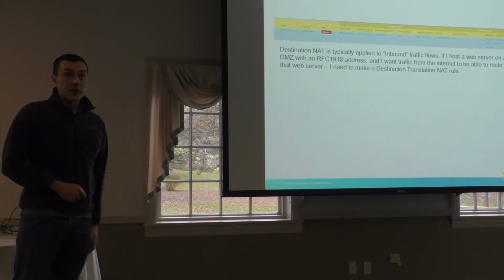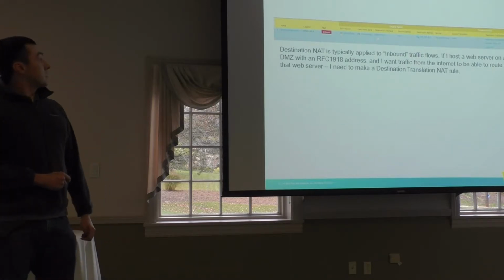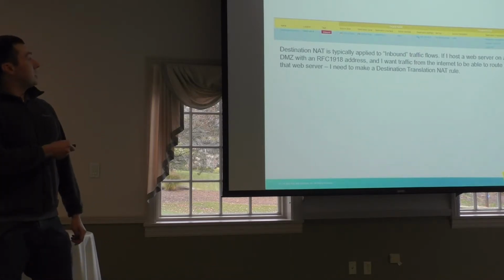I don't trust the internet. Do you guys? No. So it's untrust to untrust. Then you've got the destination address, which is my WAN interface, but I also have a service port here, 443, service HTTPS. If you look at the action column, you'll notice it's translating to an RFC 1918 address, 10.0.0.30, on port 443.